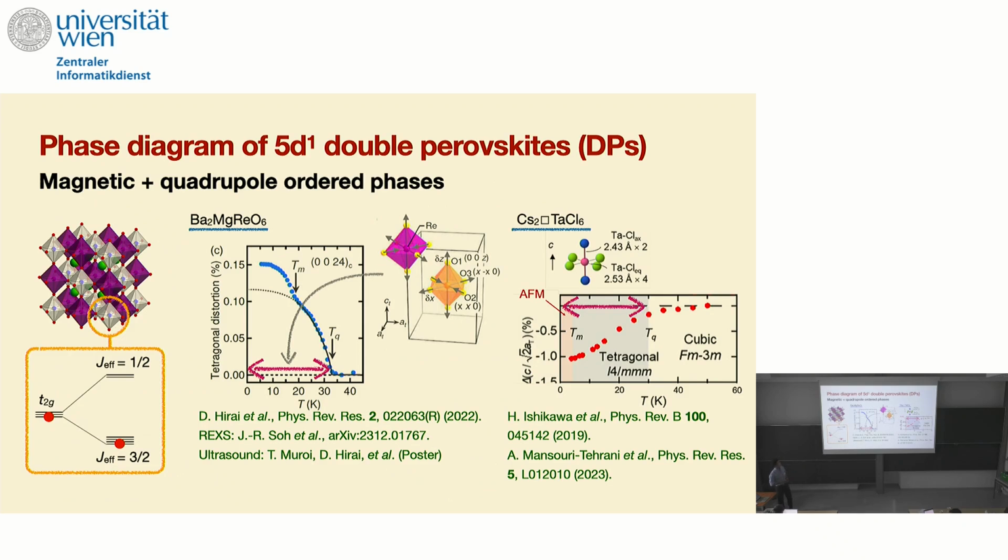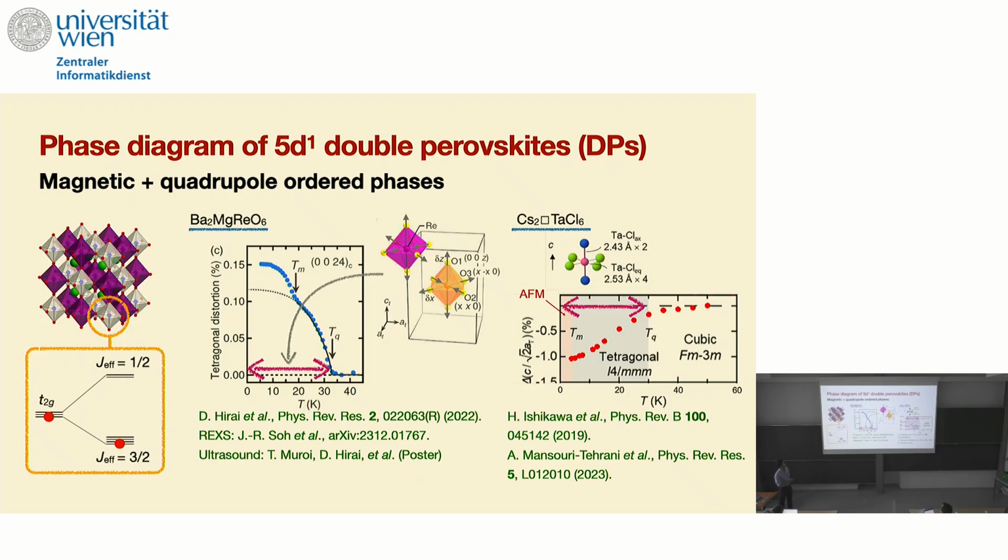Today there are many talks about 5d1 double perovskites, and I won't talk in detail, but the important thing for me is that there are such transitions. After lowering temperature, we obtain a quadrupole transition, and then a magnetic transition. By X-ray scattering, RIXS, and also ultrasound measurements, people think there are some deformations like here.